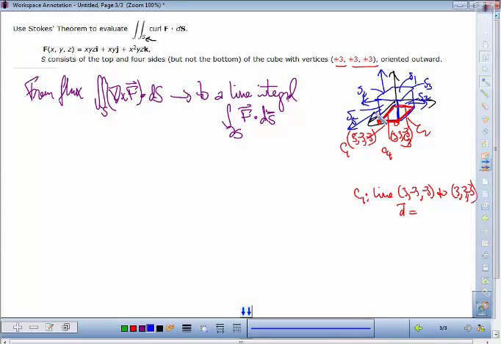Now, if you follow the right-hand rule with an outward orientation, your right fingers are going to be curling and your thumb is going to be pointing out of the box. Let's take one side of the box and focus on it. Say this is the front side of the box. The outward orientation is a vector pointing right at you.